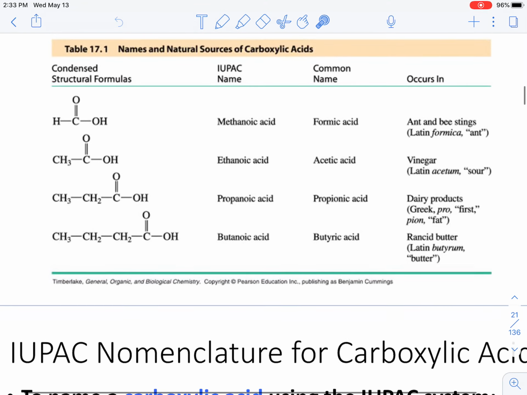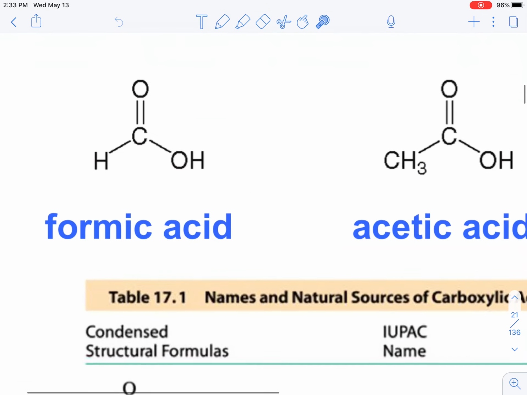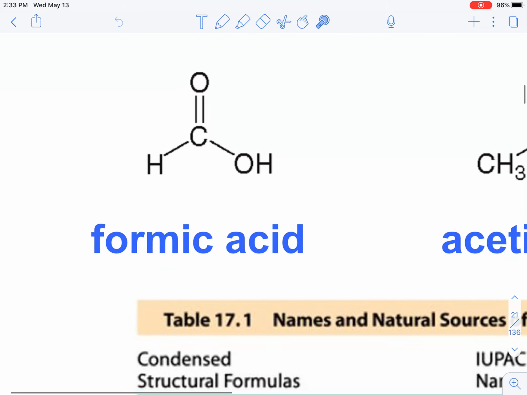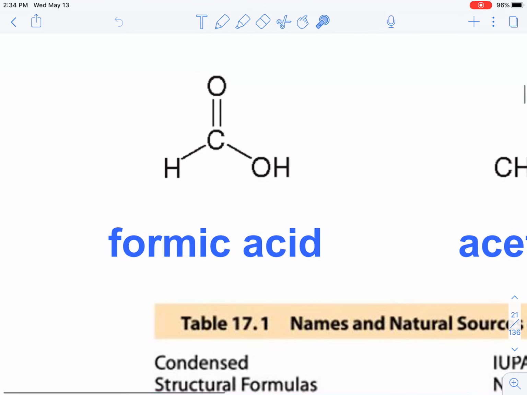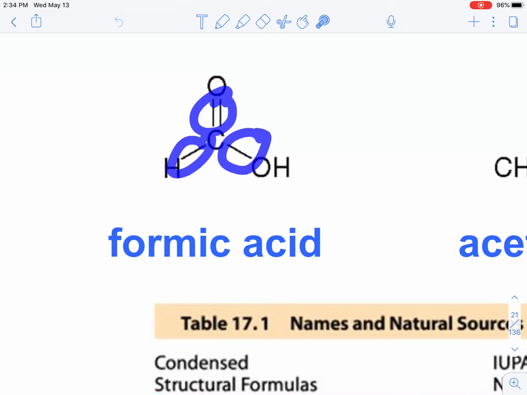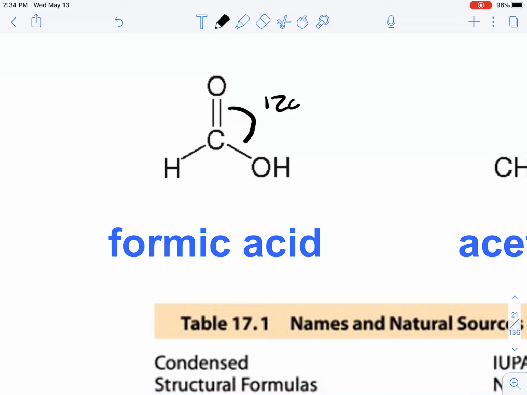Another thing I want to mention about the structure of the carboxylic acid: notice that there are 1, 2, 3 groups of electrons, or 3 bonding groups. This tells us that the bond angle is going to be 120 degrees, which informs us that this is going to be trigonal planar.